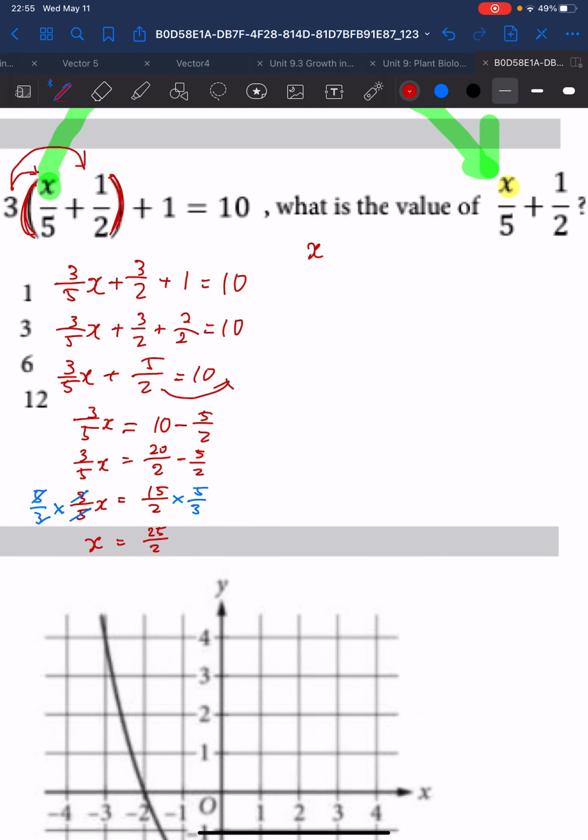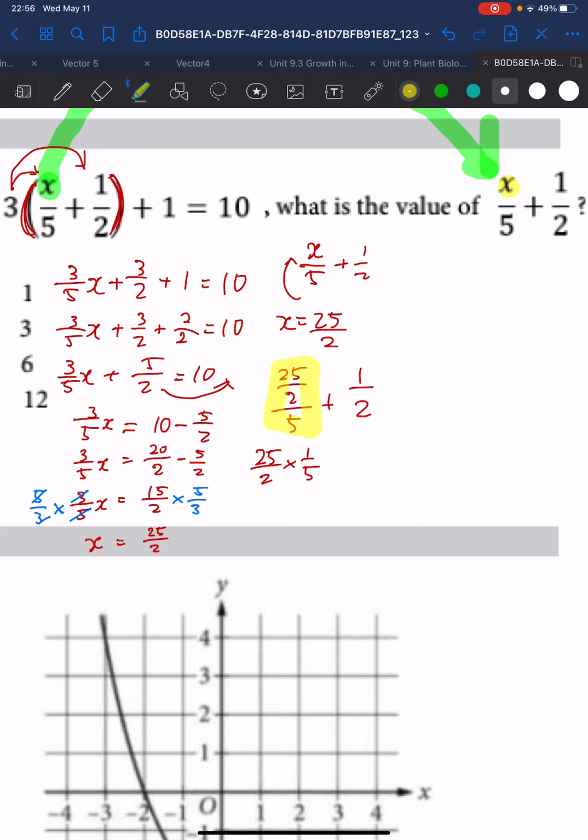So now we know that x over 5 plus 1 over 2, our x is 25 over 2. So substitute 25 over 2 over 5 plus 1 over 2. This is the same as 25 over 2 divided by 5, right?